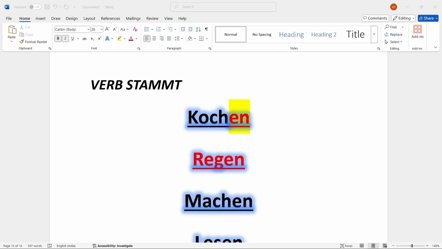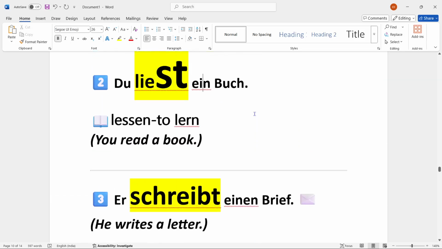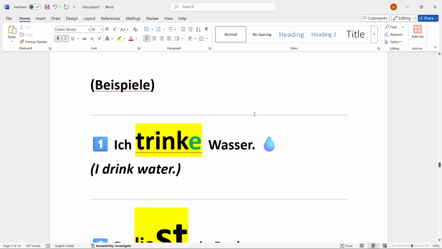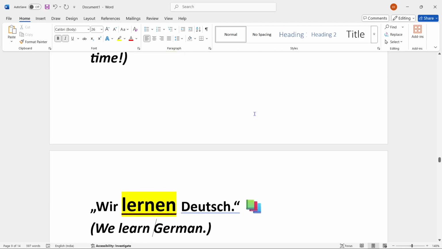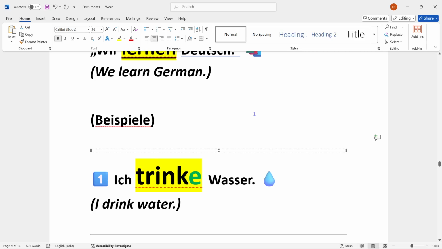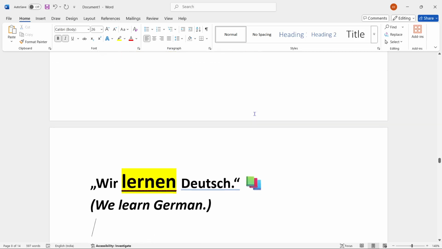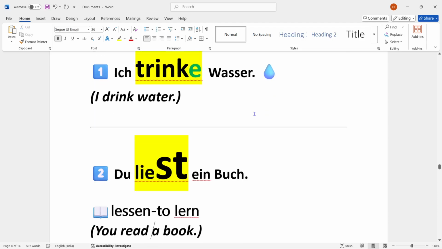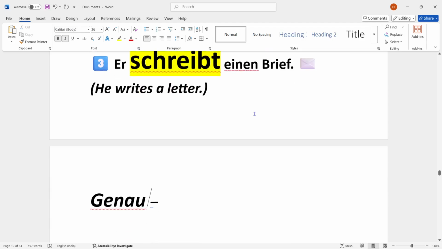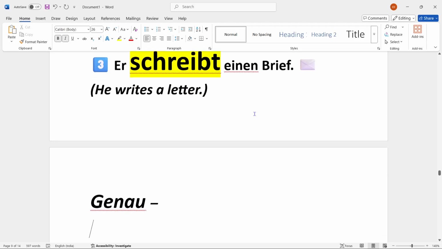Look at these things. These all are the verb infinitive form. Infinitive form of the verbs. You can say full form of the verb. In these Beispiels, we conjugate the verbs. Ja, ich trinke, wir lernen, ich trinke, du liest, er schreibt.